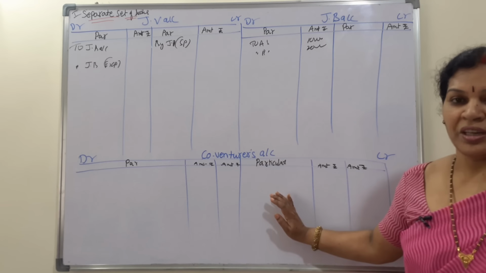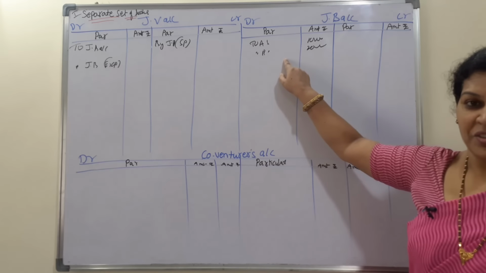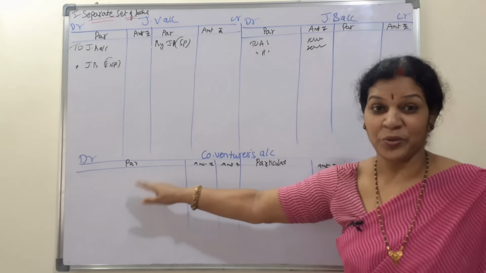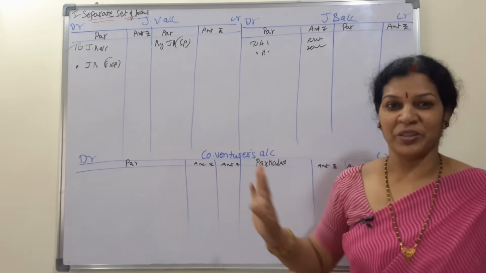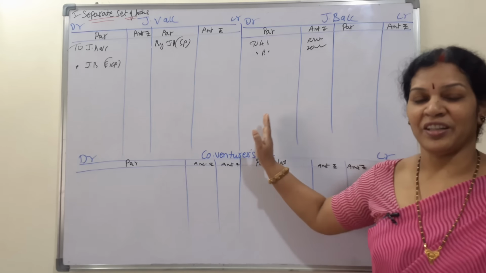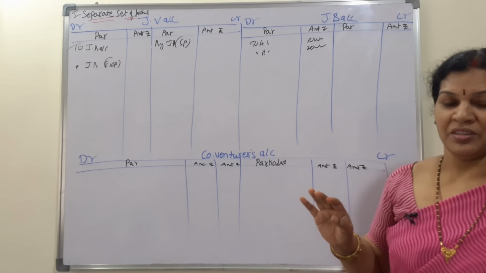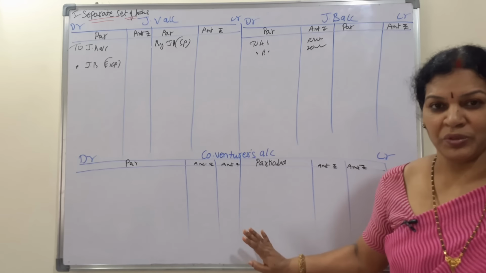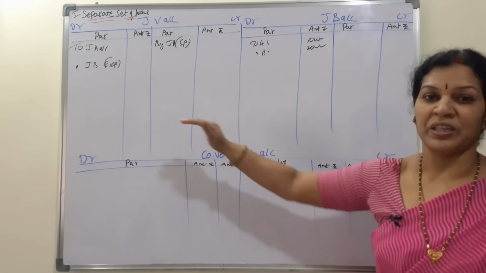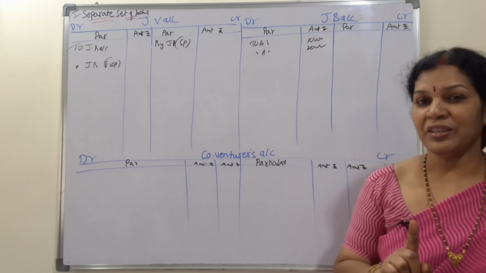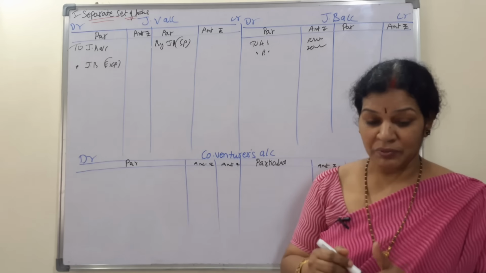Co-venturers accounts always start with the cash deposit. Here A and B are there. You will write to joint bank, meaning from joint bank you are going to transfer it. Wherever you find co-venturers, that will be transferred debit to credit, credit to debit.